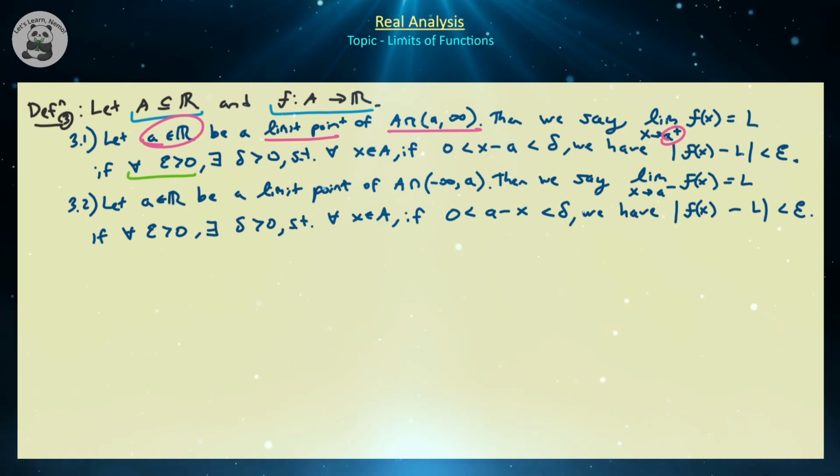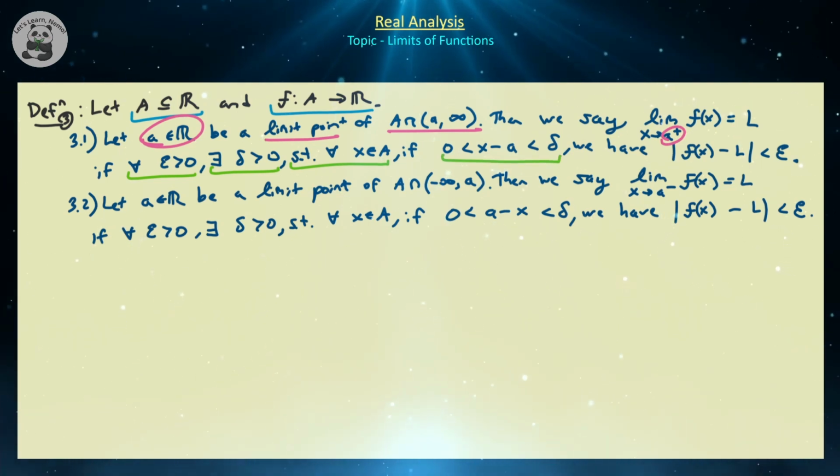For all epsilon greater than 0, there exists a positive number delta such that for all x in our domain, if 0 is less than x minus a is less than delta, and notice that there is no absolute value on this distance because we don't want the left side of x, we just want the right-hand side of x, right? So as long as the right-hand distance of x is arbitrarily small, right?